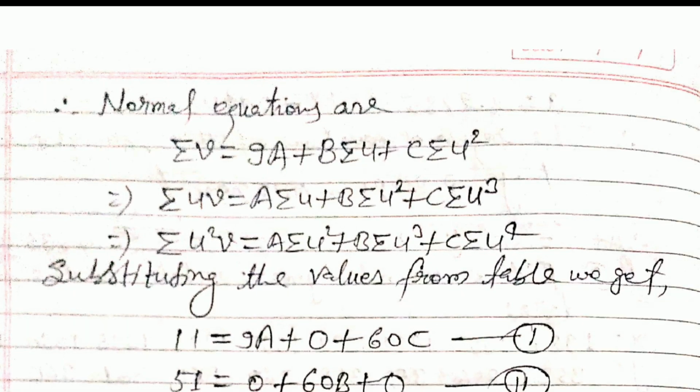We need summation of u, summation of v, summation of u square, summation of u cube, summation of u to the power 4, summation of uv, and summation of u square v.